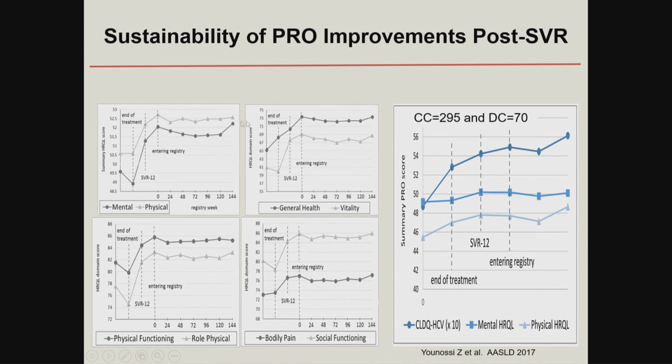This improvement actually continues over time, and maybe in some areas even improves. And you can also see this improvement in sustainability of PRO improvement even in patients who have cirrhosis. Now, if there is significant decompensated cirrhosis, there may be some improvement, but just because liver disease is at that point quite compromised, the improvement may not continue to get better over time.